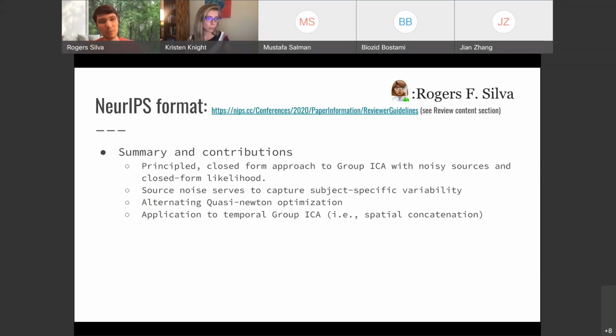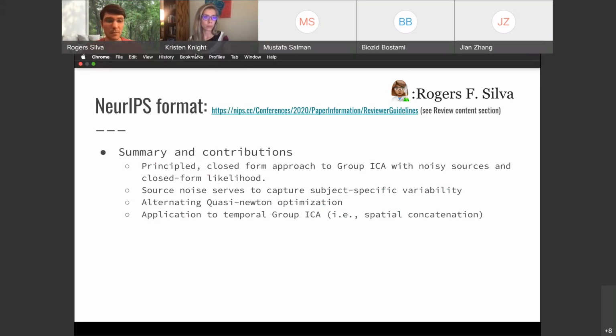An interesting point is that these applications in the paper, specifically the fMRI one, are looking at very long time series. So it's people watching movies.